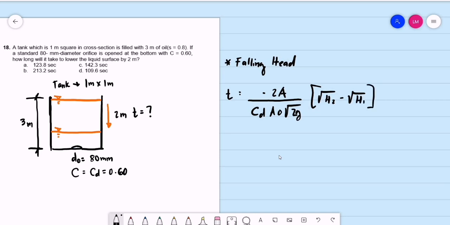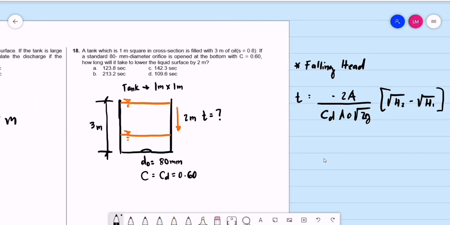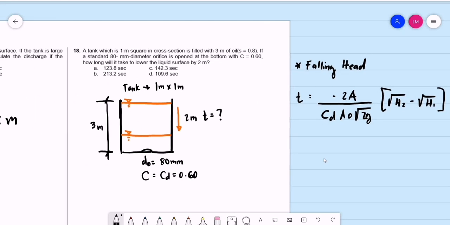So what is the initial head of the orifice? The initial head is the height of the liquid surface from the orifice. From our figure, according to the problem, that will be 3 meters. So h sub 1 is equal to 3 meters. What will be our final head? According to the problem, how long will it take to lower the liquid by 2 meters?